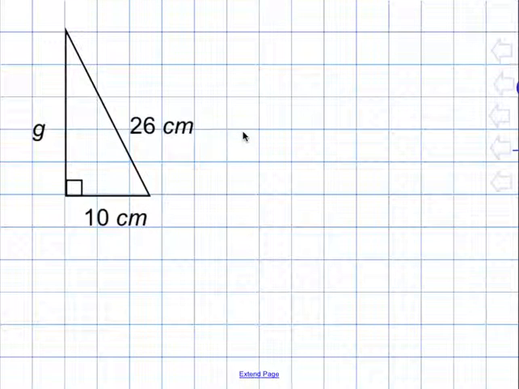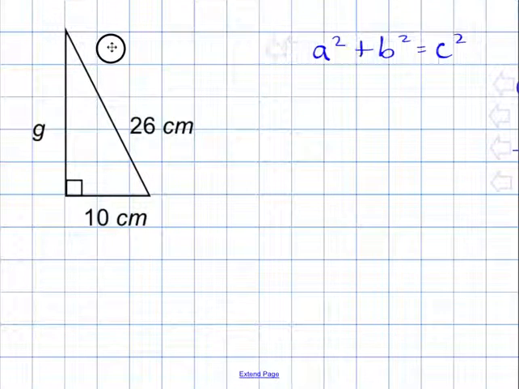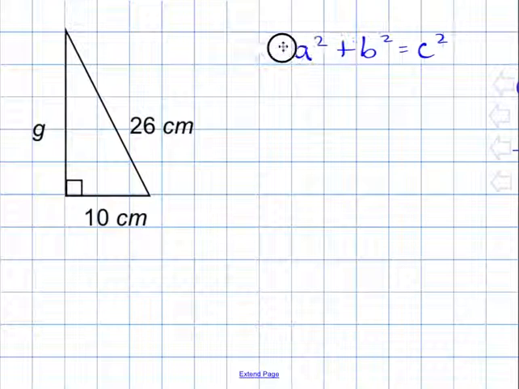Another example here just has some units thrown in with it, and we identify the side length 10 as being the shortest side of the right triangle, which is a leg, and g is the second side of that right triangle, and the longest side is 26 centimeters, which has to be the hypotenuse. Our formula is a squared plus b squared equals c squared.